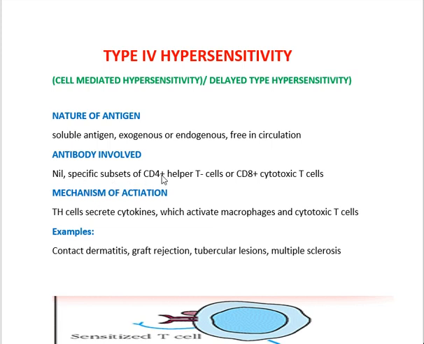Mainly the subsets of CD4, that is cluster of differentiation 4 helper T cells, or CD8 cytotoxic T cells are involved in type 4 hypersensitivity. The mechanism of activation is that T cells secrete cytokines which activate the macrophages, and that's how cytotoxic T cells will lyse the cells.